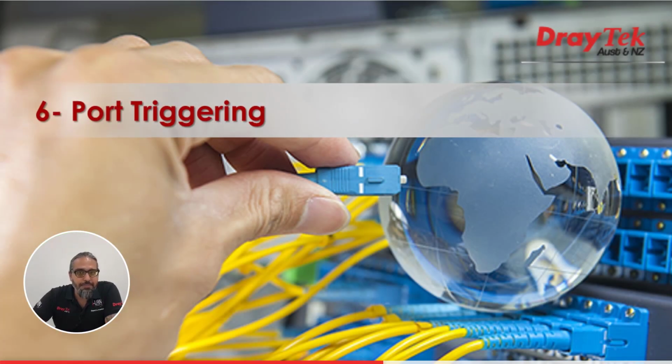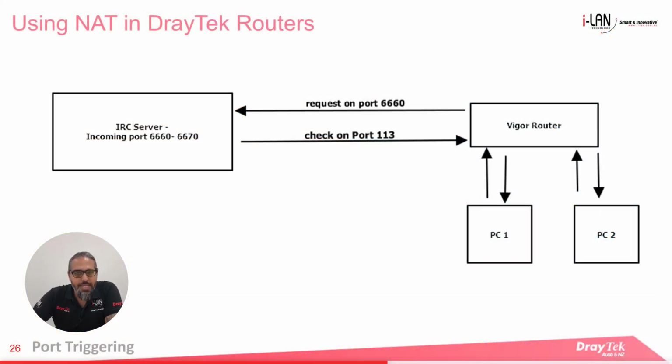Port triggering is a feature in WiGA routers that allows a host machine to dynamically and automatically forward a specific port back to itself. An example is connecting to an IRC or Internet Relay Chat server that needs authenticating a username with the identification protocol via port 113.